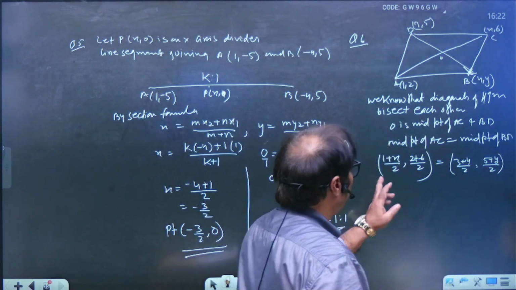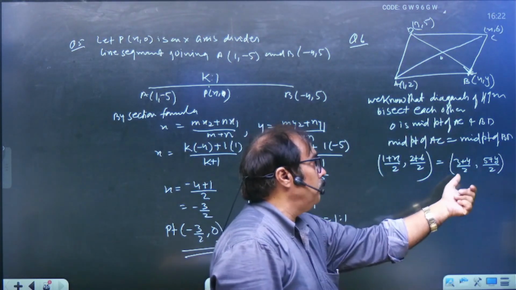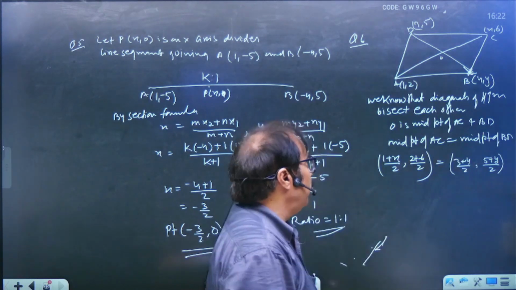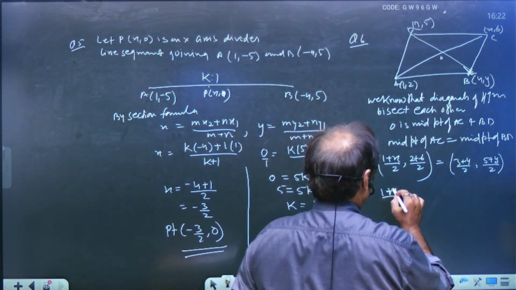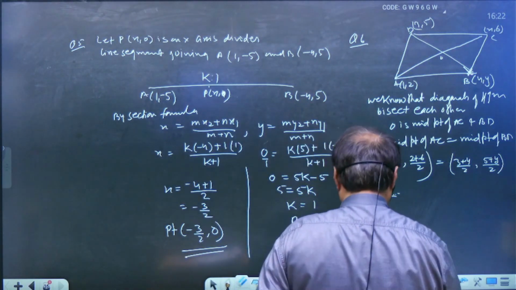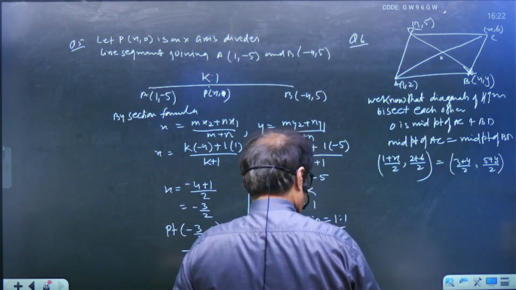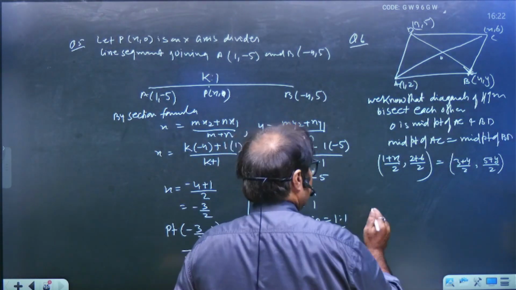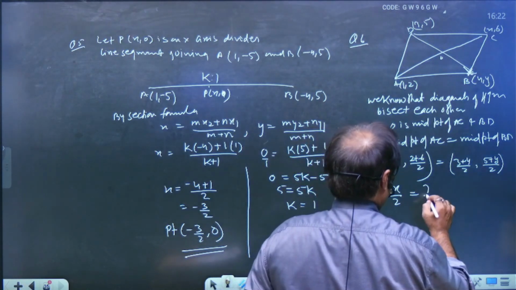Now equate abscissa to abscissa and ordinate to ordinate. So (1 plus x) by 2 is equal to 7 by 2.